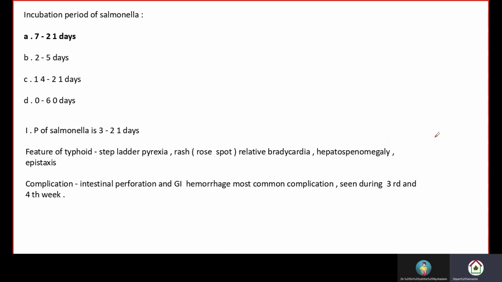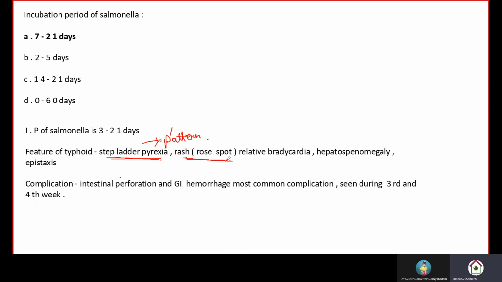And Salmonella causes typhoid, as you know. What are the features of typhoid? Step ladder pyrexia occurs. That means the fever will stay for a few days, again it will rise, again it will stay for a few days, again it will rise. This is the pattern of the fever.